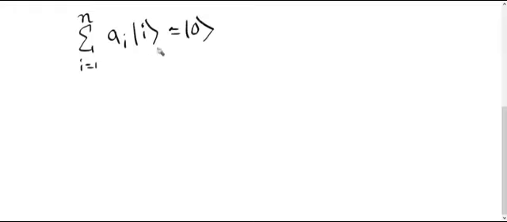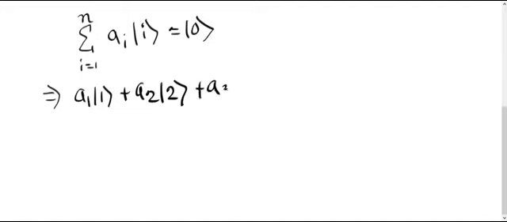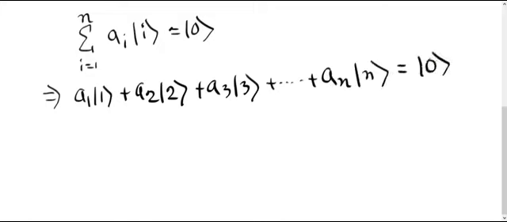We have our condition as i equals 1 to n, a_i times v_i, and this had to satisfy this: the linear combination of the vectors equals the null vector. Written explicitly, it is a1 v1 + a2 v2 + a3 v3, and so on up to an vn, equals the null vector.